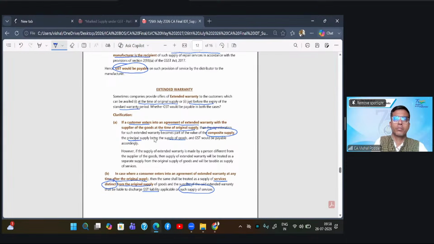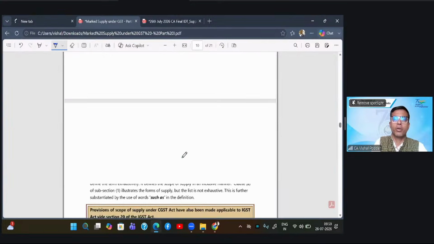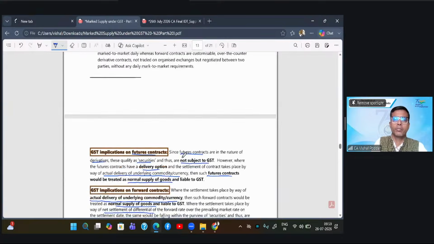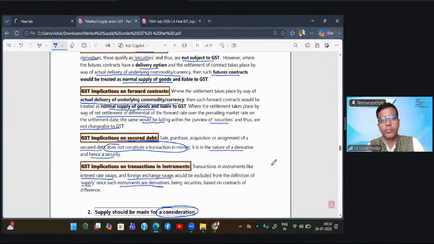Specifically in derivatives, what is your query about secured debt? You gave the example of the banks assigning and all. Yeah, implications on secured debt. Yes, exactly. So the point is, I am a bank. I have given loans to 1,000 people, right? Many times it happens that the bank is not able to manage the loan.